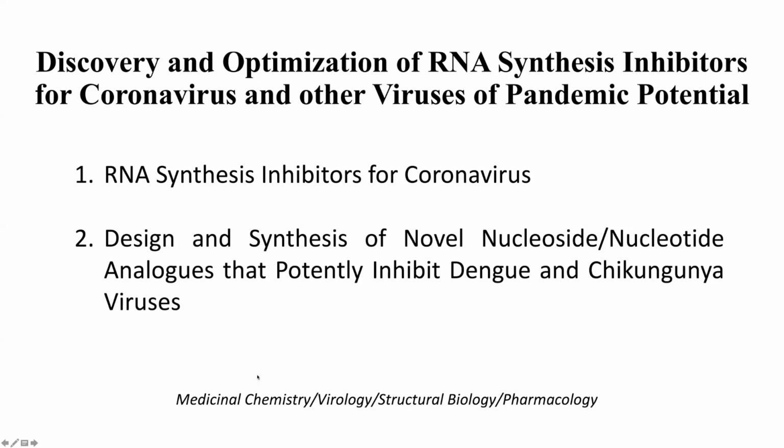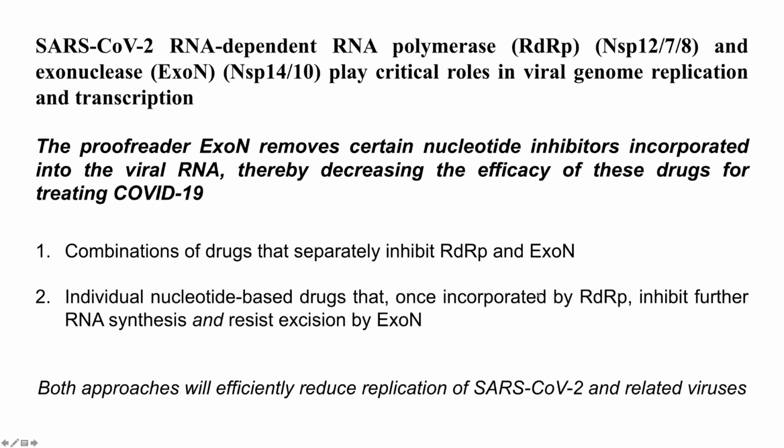So my talk is going to cover two aspects. One is to inhibit the coronavirus RNA synthesis. The other is to inhibit the RNA synthesis of dengue and chikungunya. First, I'll focus on coronavirus.